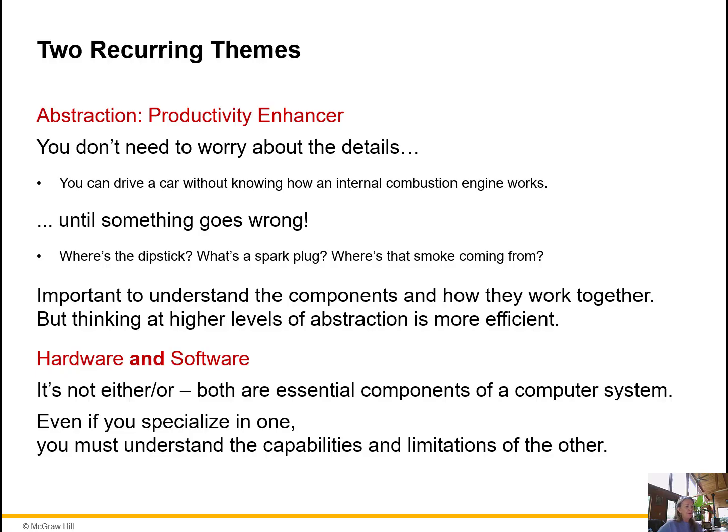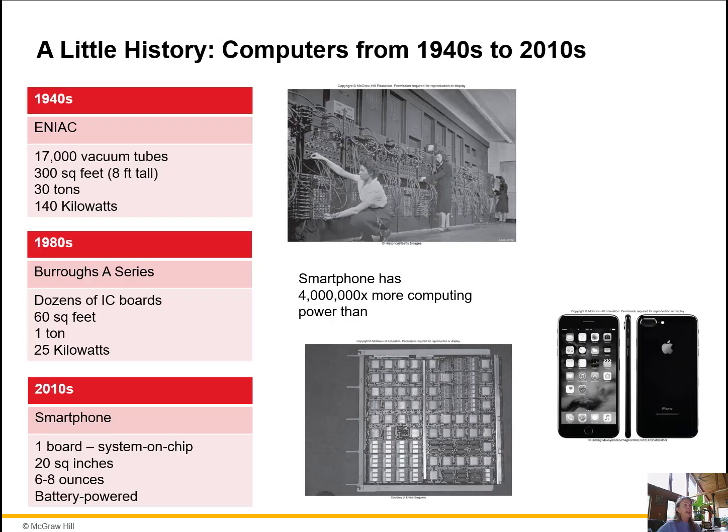Whether that be Windows, Excel, any of your apps, your database systems, Fortran, Basic, whatever it is that you're programming in, C++. So even if you specialize in one, what the author wants you to do is have a good knowledge base of both, and that's what we're going to attempt to do in this class.